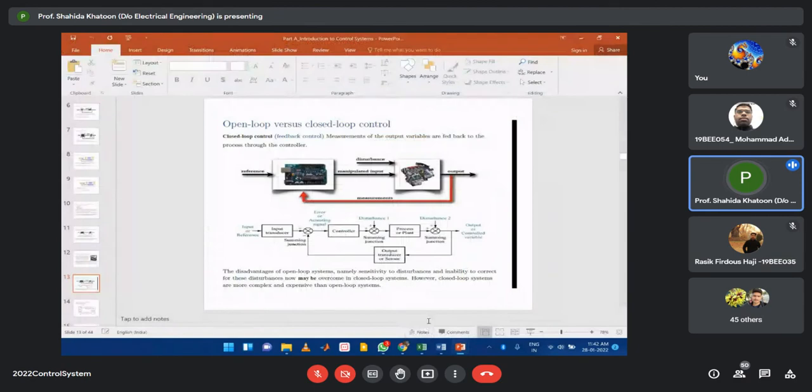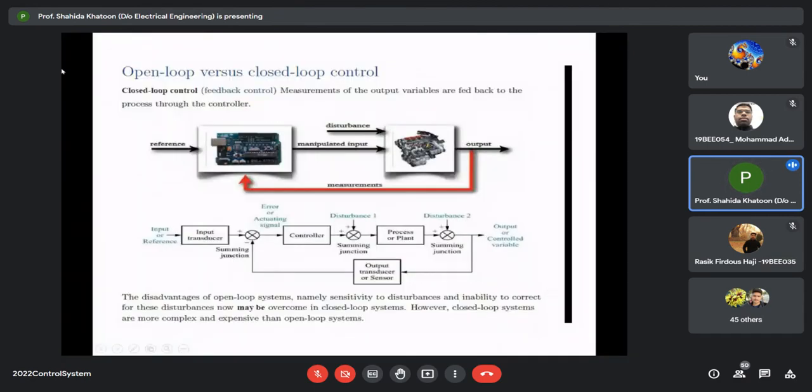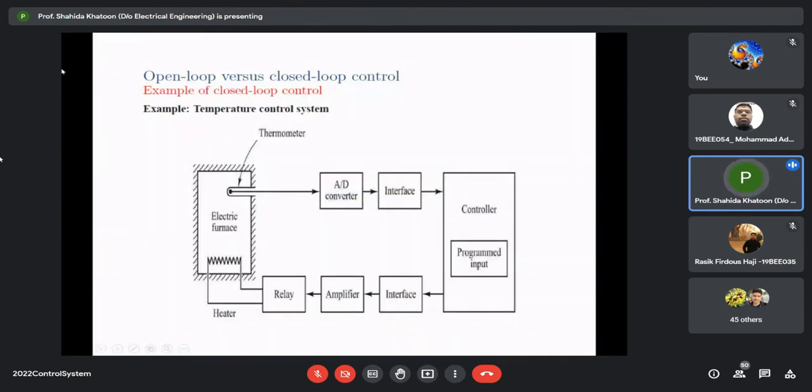It's the basic block diagram of a closed loop control system. Example is temperature control system, in which we have an electric furnace, and this electric furnace has a thermometer which is given to the A to D converter. A to D converter is analog to digital, because we are going to have a computer control system. So we have A to D converter, then we have an interface which is fed to the controller, which has the programmed input.